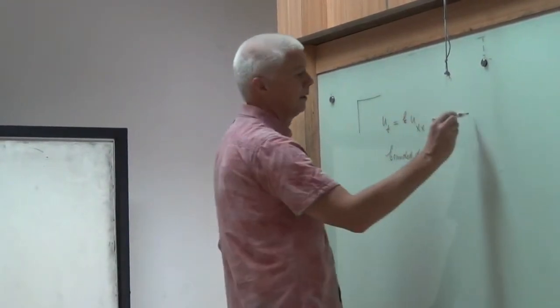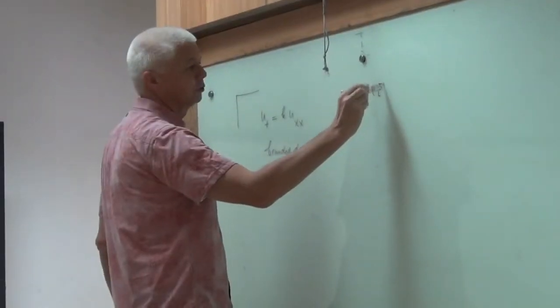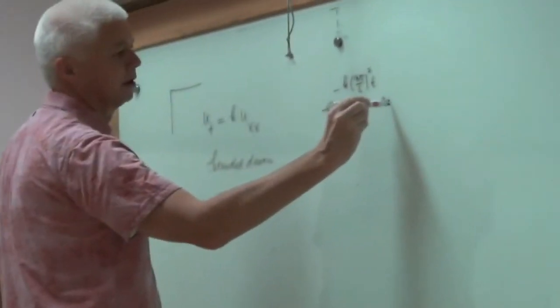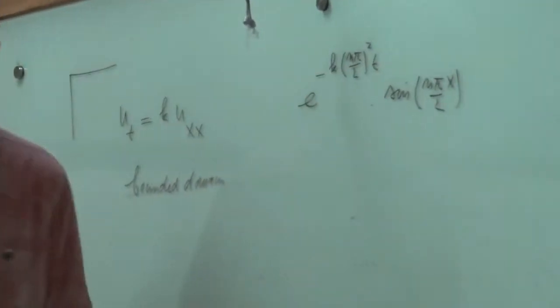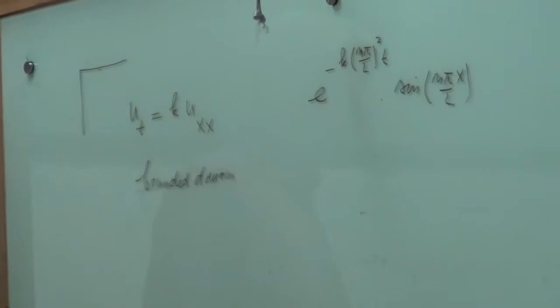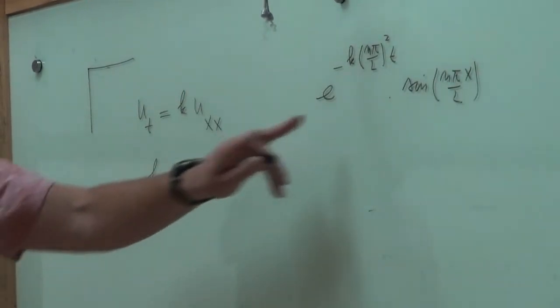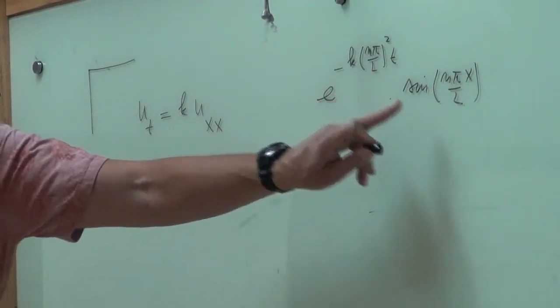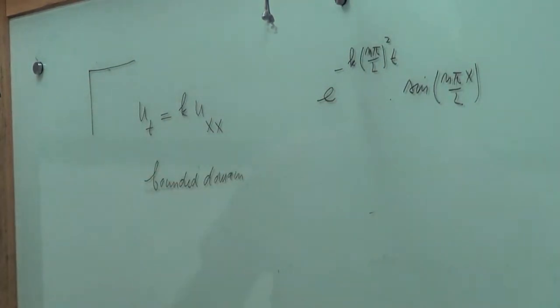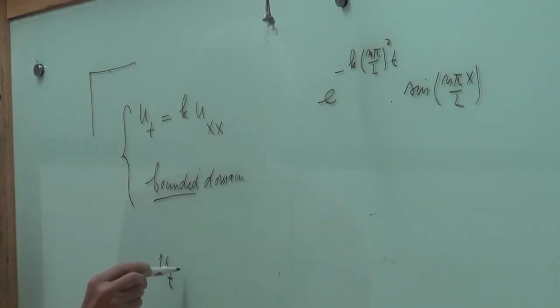You always found solutions of the form e to the power minus k (n pi over L) squared times t, times sine n pi x over L, or cosine. You found those solutions. And you only found solutions for very particular values here in the frequencies. So this is a bounded domain.